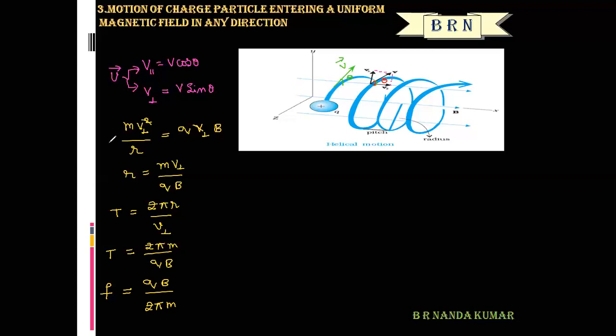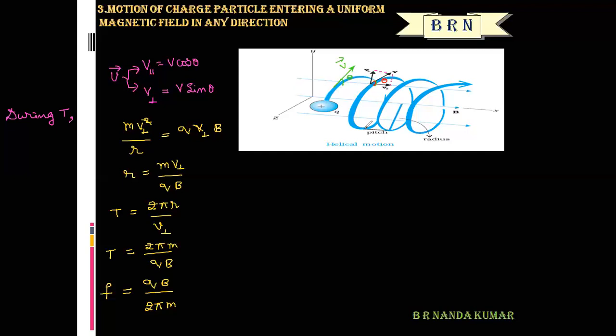So this is actually called the pitch of helix. During time period T, the horizontal distance covered by the charged particle for one complete rotation in the spiral path.